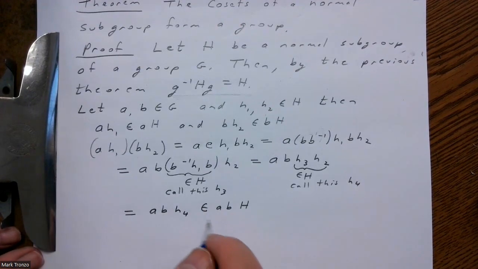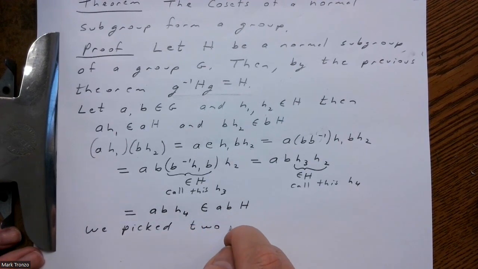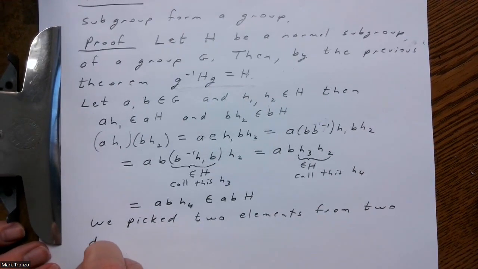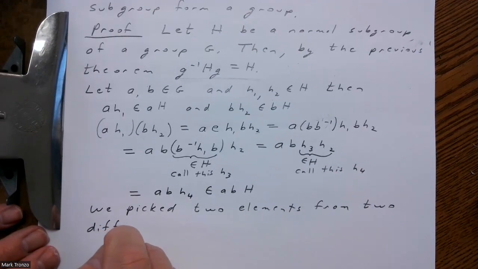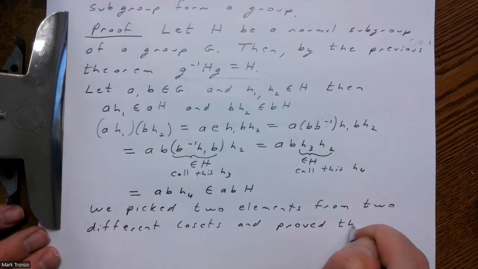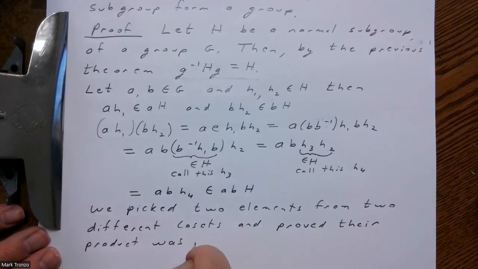And also, we picked two elements from two different cosets, and proved their product was in the group, was in another coset.